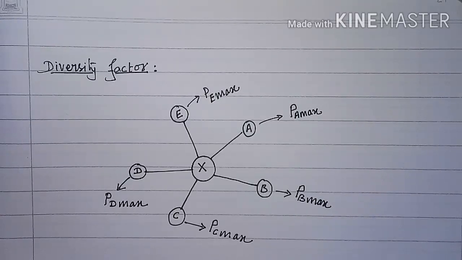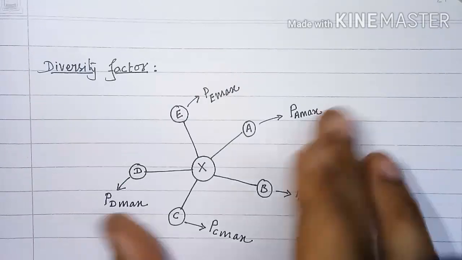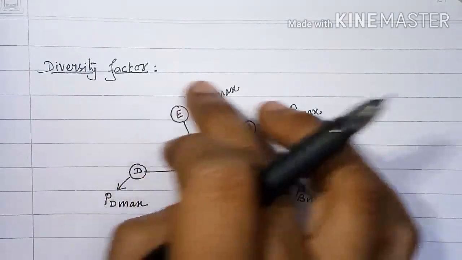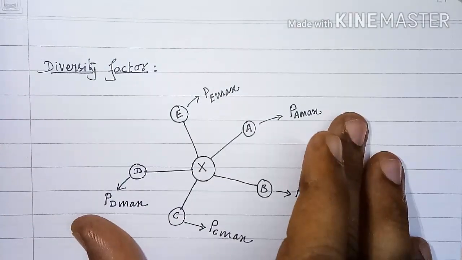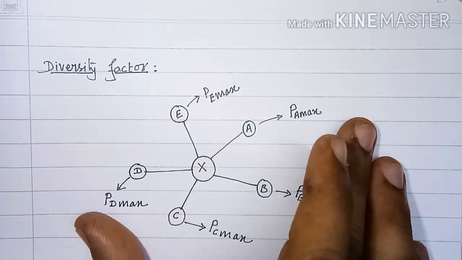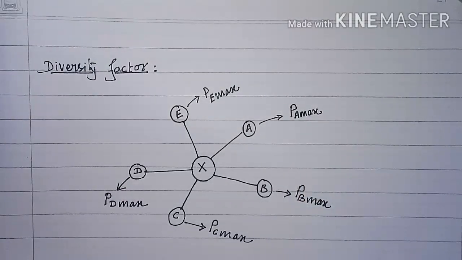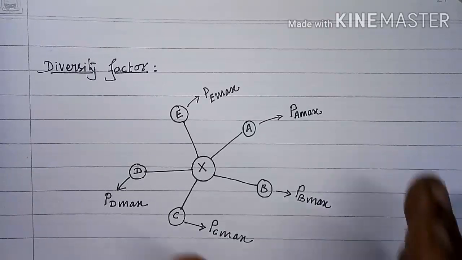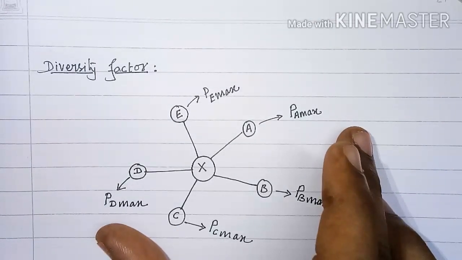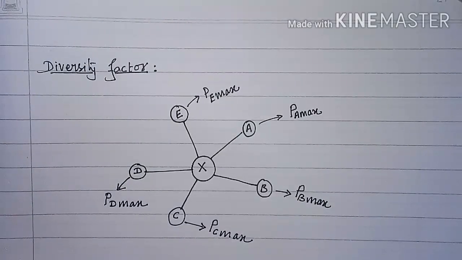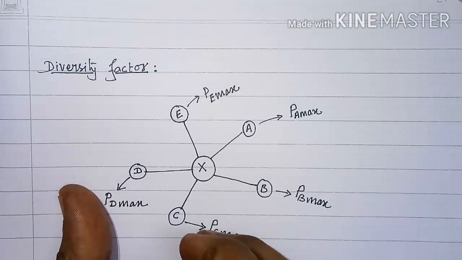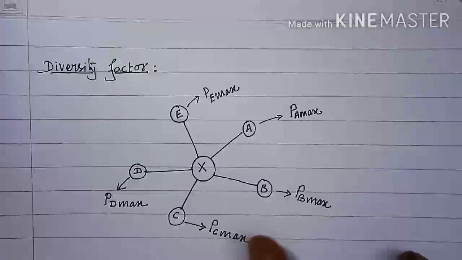What I'm saying is, on this system, all these consumers need not put their maximum load at a time, but only a few consumers may put their maximum demand at a time and others will put their maximum demand at some other time.